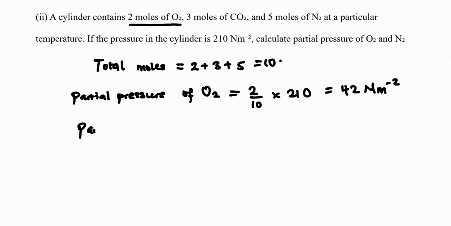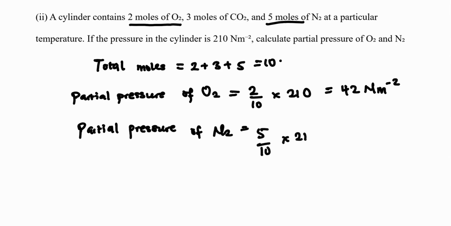And then the partial pressure of nitrogen molecule: nitrogen is 5 moles, so it's going to be 5 divided by 10 times 210, which would give us 105 newtons per meter square. So that's our answer for this question.